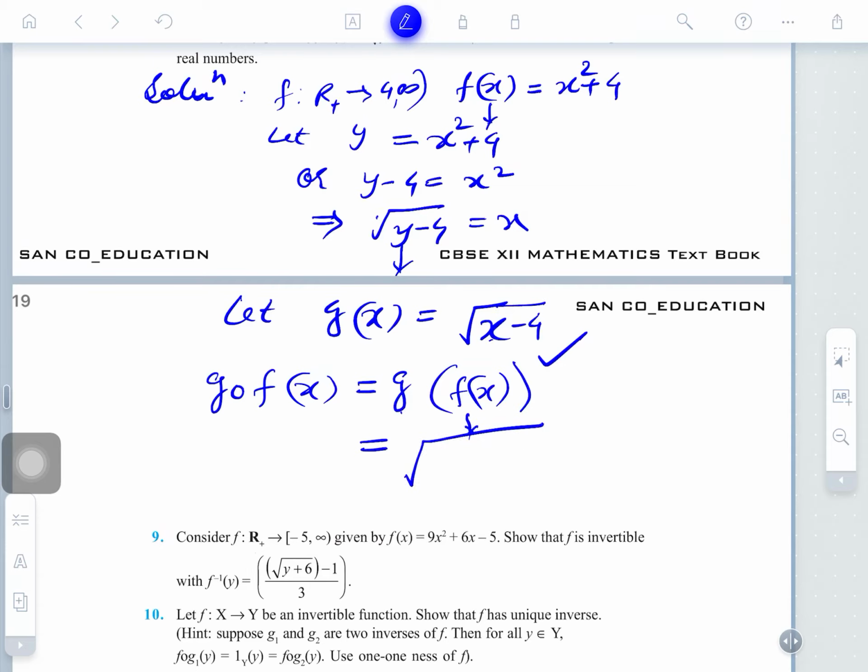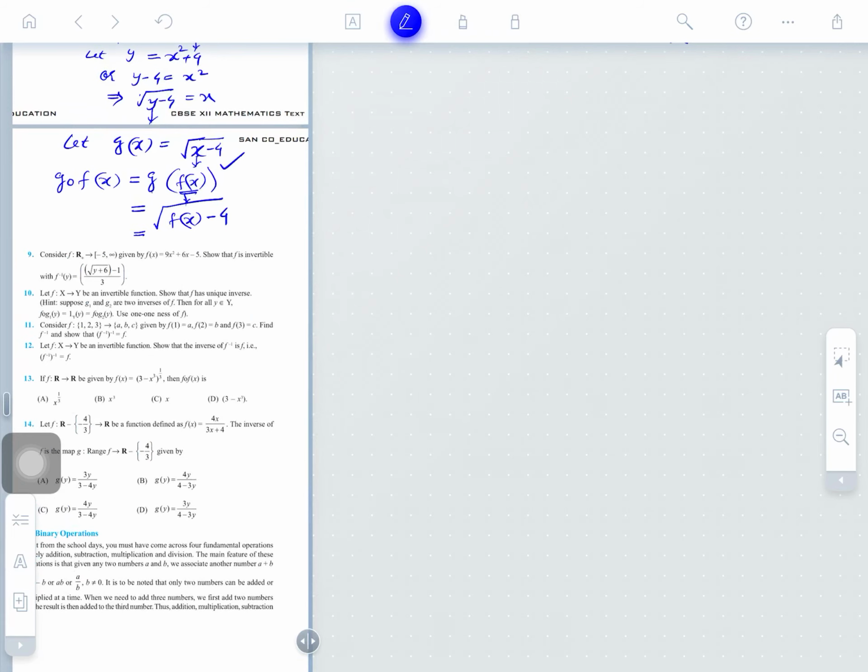In the place of the domain we have to write f(x), so f(x) minus 4 is to be written, and further it is to be solved here. You just understand, we have a place here to write f of x.